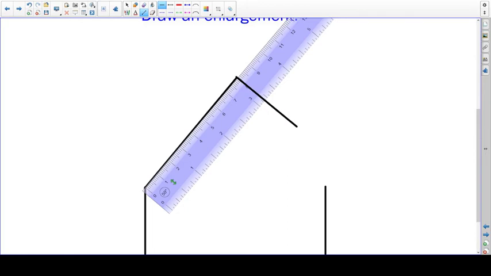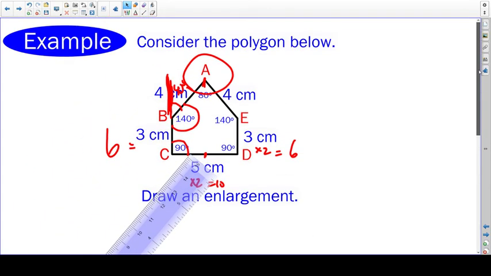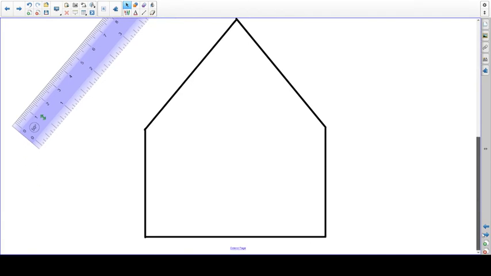And then I'll connect the dot over here, because once I have the other peak drawn, then I just have to do that. There's my new pentagon. Now, that's A, B, C, D, E. I should label this one A, B, C, D, E.